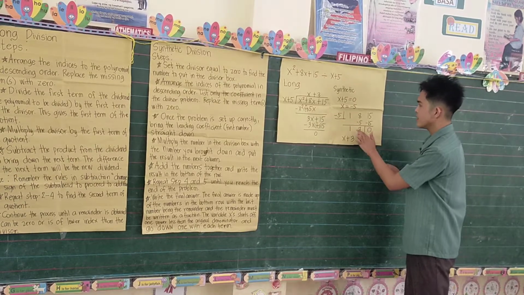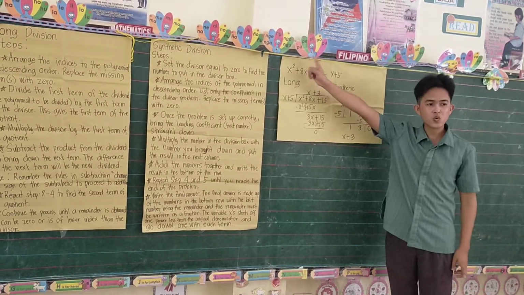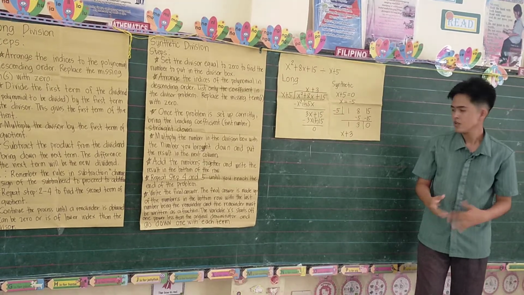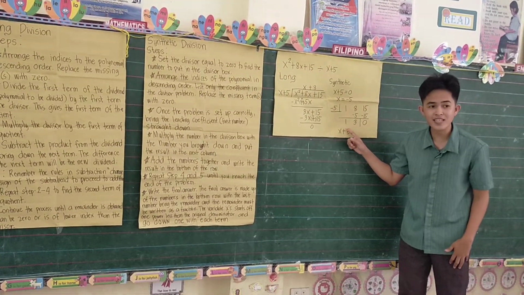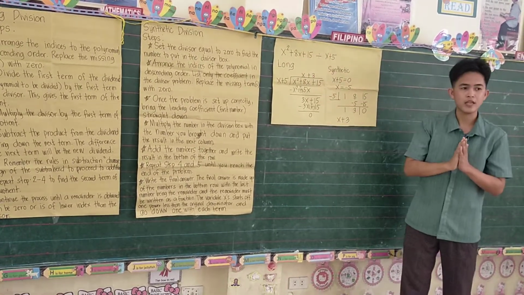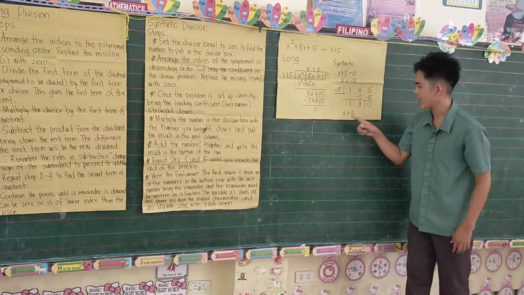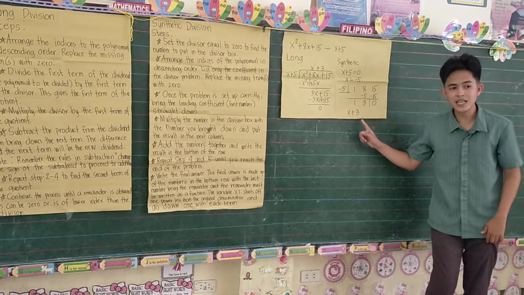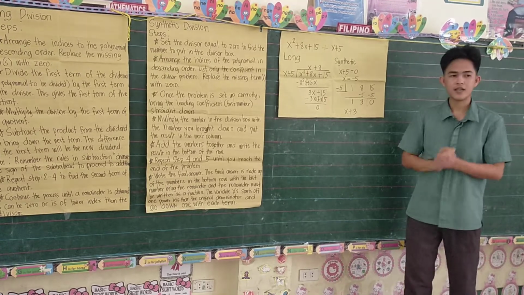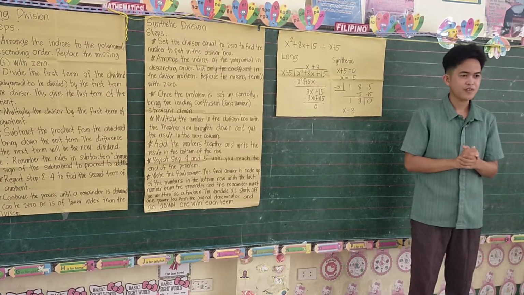Since the original is x squared, we step down. So the power of x here is 1. So you have x plus 3. Therefore, we have x plus 3.